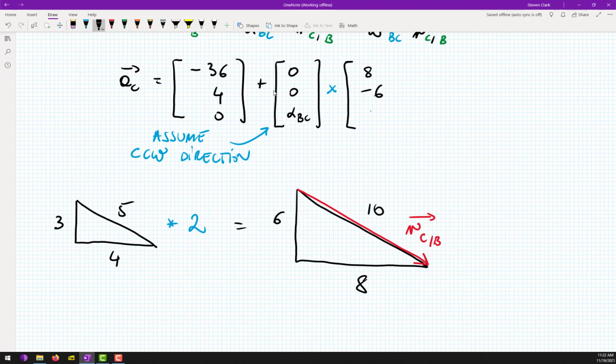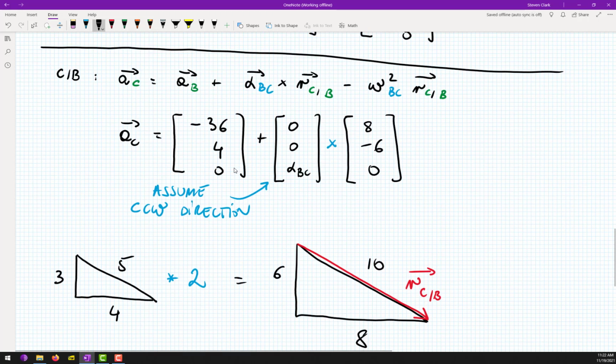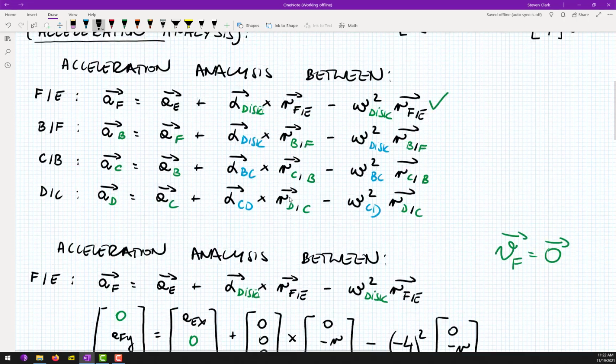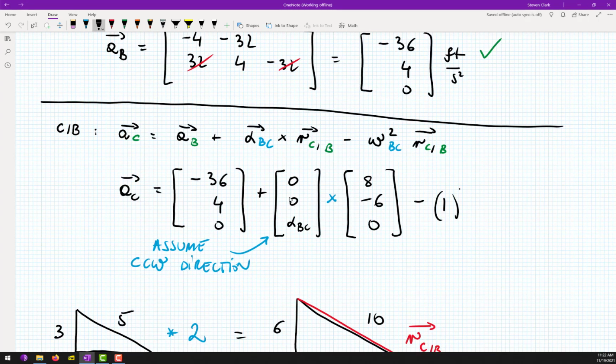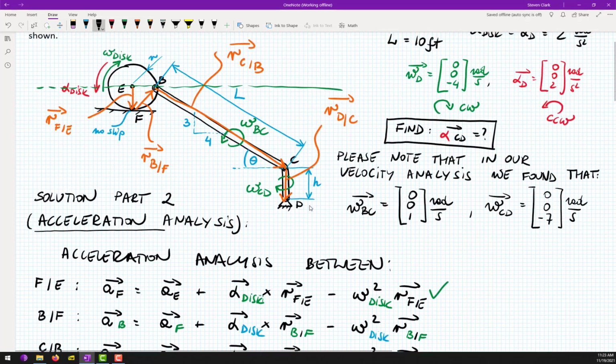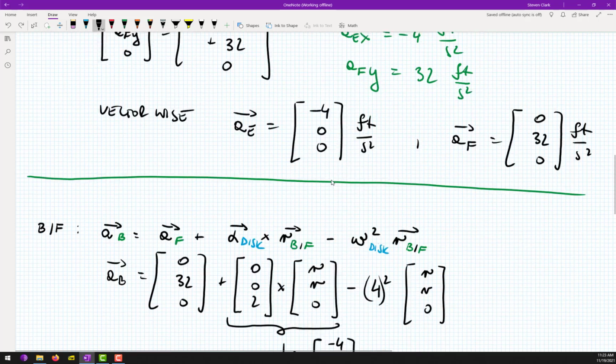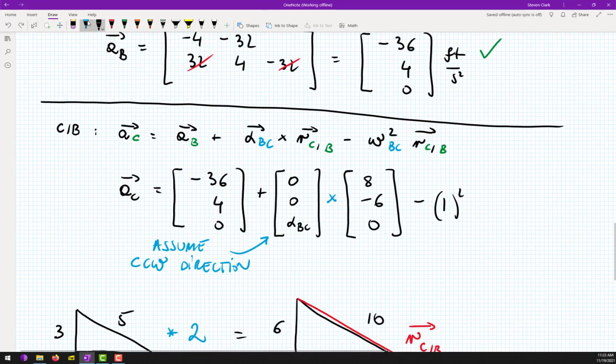8, minus 6, 0. Minus omega BC squared, let me scroll up the board, it's 1. It's here, by the way. Yeah, and we found it in our velocity analysis. That was your pre-class assignment. We found it in the velocity analysis part.